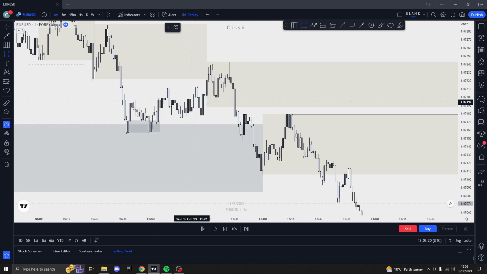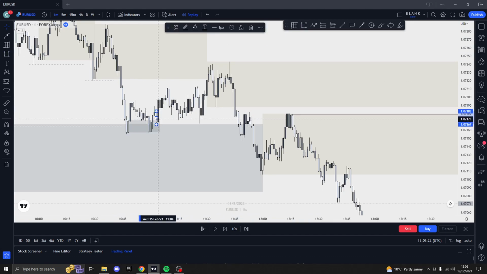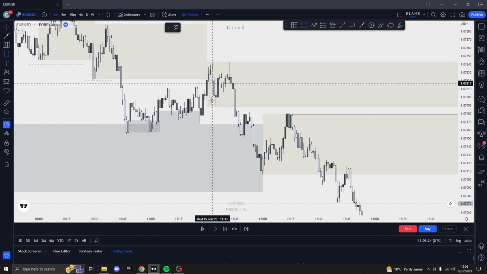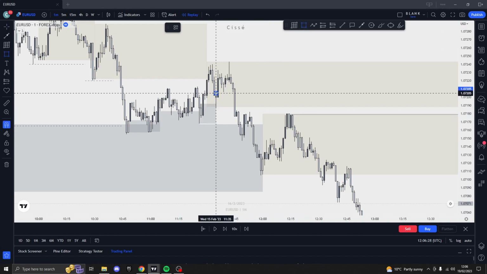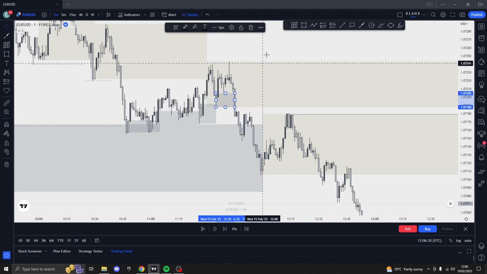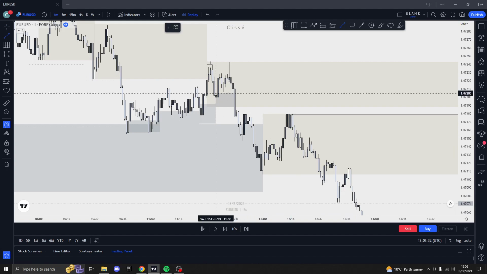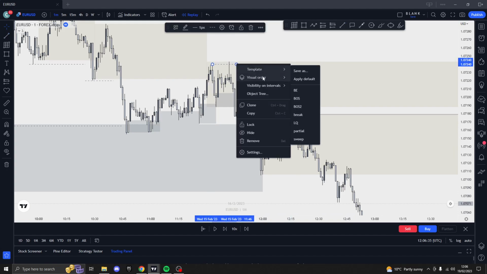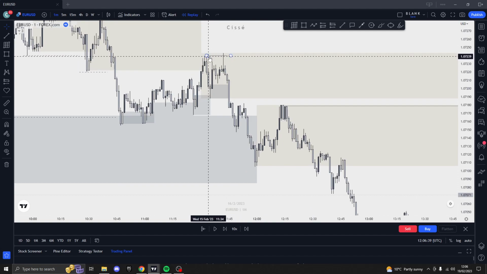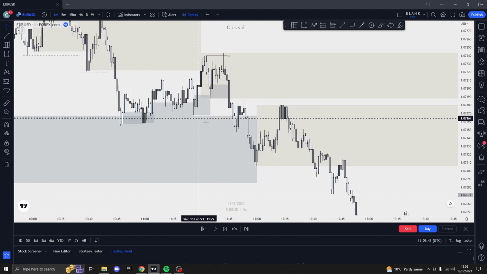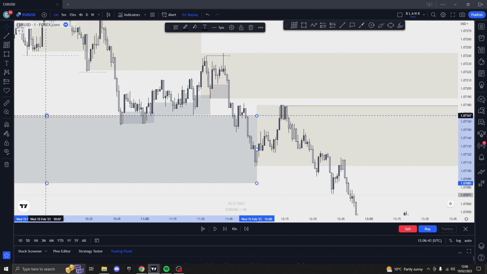So we see a very big 1-minute demand chain like so. And then instead of continuing this demand chain, what happened was we come up, we swept our previous high, and I would call this a subtle sweep. So we have a subtle sweep of the previous high, and we come back down and we take out our demand chain.